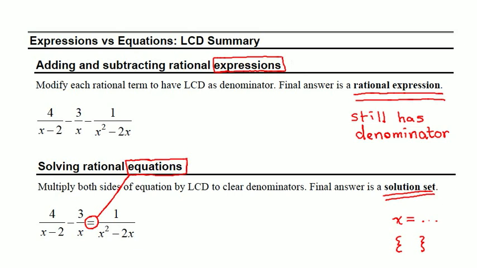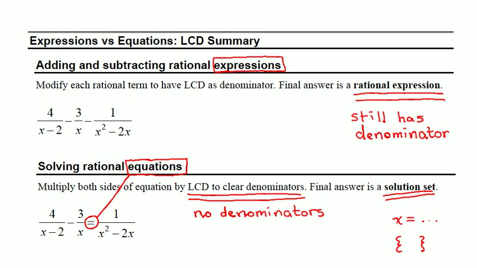To contrast that with what we do with equations, we use that LCD to actually clear the denominators, so after the very first step, there is no denominator left. We are working with something that has an equal sign, and we're able to clear the denominators because of the fact that we can do a balanced operation on both sides of the equation, right?